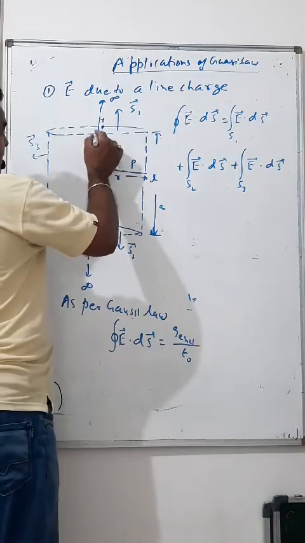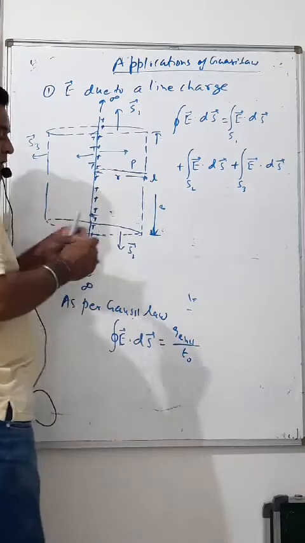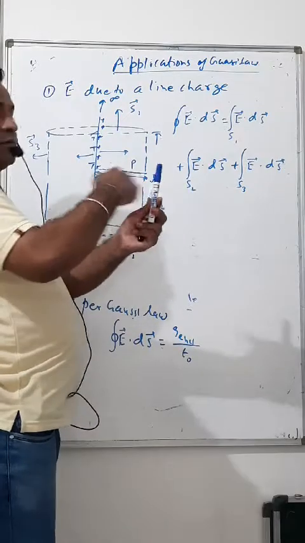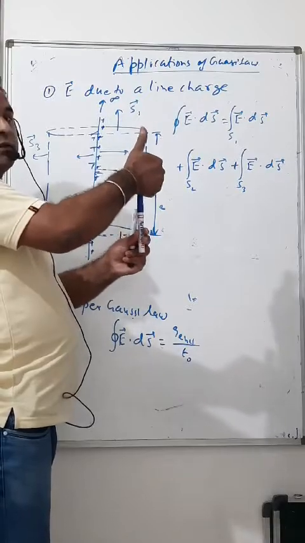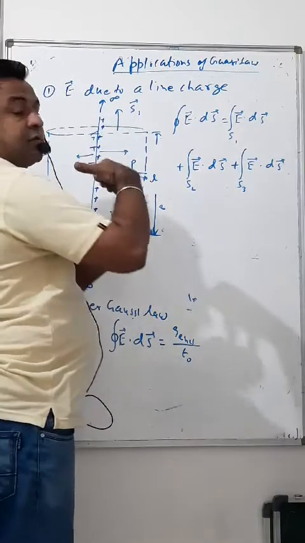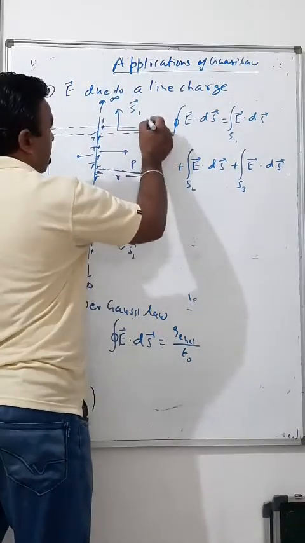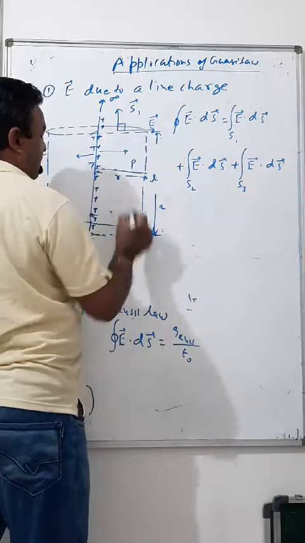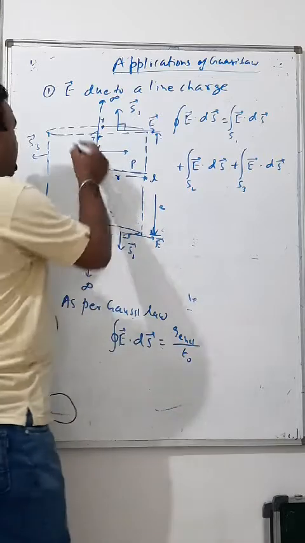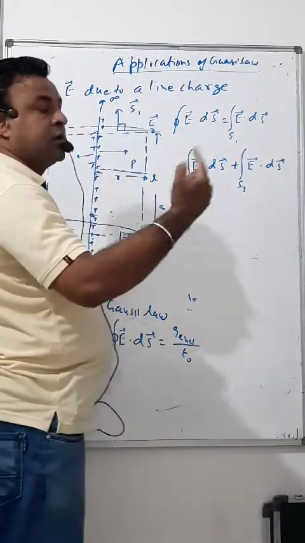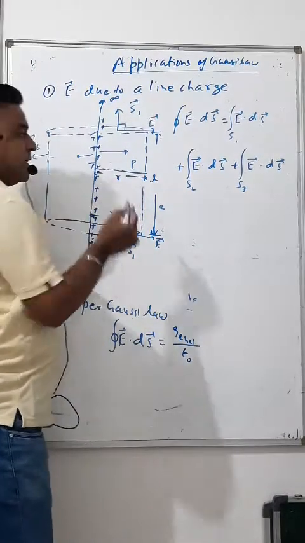Now, look here. From this positive charge, the lines of force will be radial, right? This is the line charge, lines of force will be like this. For surfaces S1 and S2, the area vector is in this direction and the lines of force are in this direction, which are 90 degrees. At this position, this is the electric field, this is S1. At this position, it is the electric field, this is 90 degrees. And at the curved surface, at each point, the direction of E and the direction of S are the same.